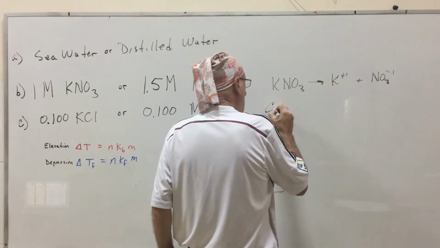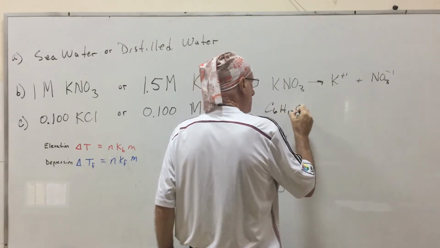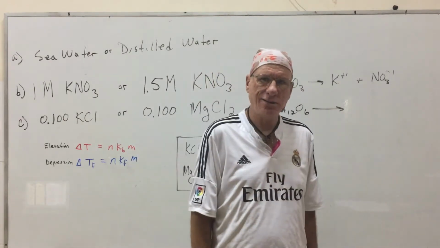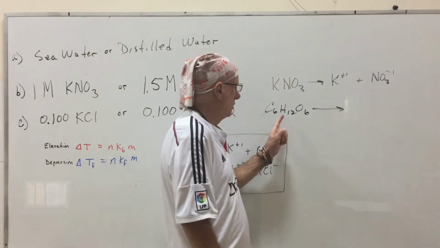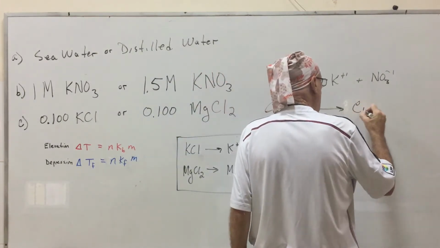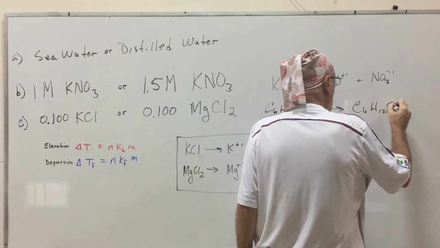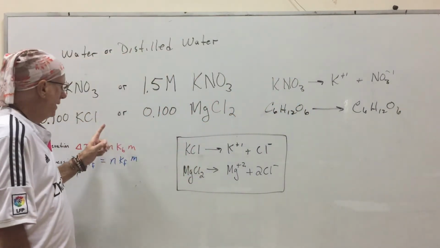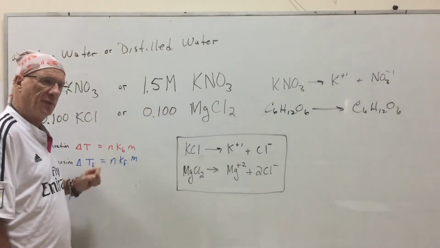Now, glucose does not ionize in water. So it's one particle there, and in solution it would be one particle there. So with glucose, N would be 1.